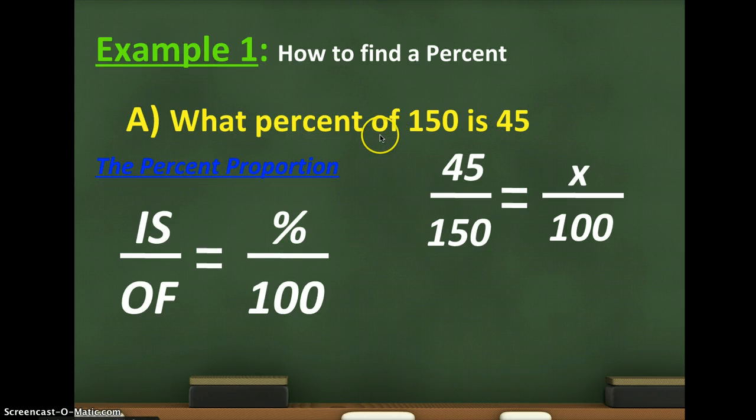Well, I see of with the number 150 next to it. So I'm going to write 150 right at the bottom here. And then is 45. Is goes in the numerator. We don't know what the percentage is, so it's represented by X, and that's always over 100. You end up with 30%.